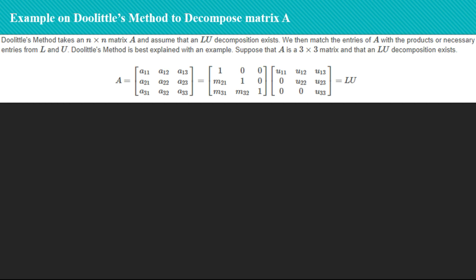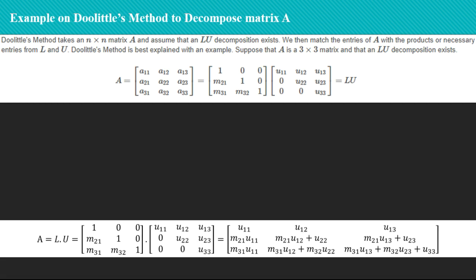When we match the entries of A with the product of the lower and upper triangular matrices, we find the values of the lower triangular entries and the upper triangular entries. When we substitute them in the lower and upper triangular matrices, we get the decomposition of matrix A.